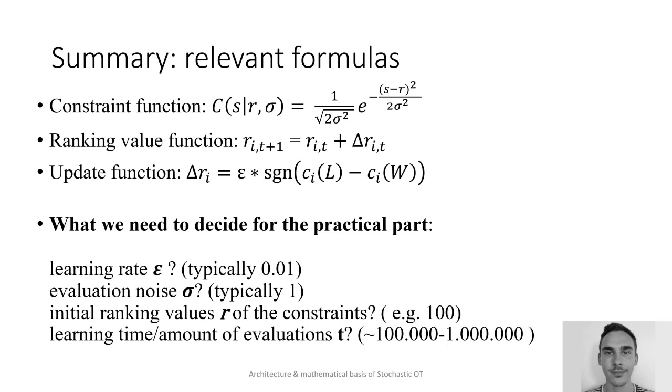The last parameter that you will need to decide is the amount of learning epochs or evaluation times that you want to train your model for. The needed size partially depends on the value you chose for plasticity and noise, but just bear in mind that shooting too high is more beneficial than too low in this case, so most of the time you should be fine with values ranging from 100,000 to 1 million.